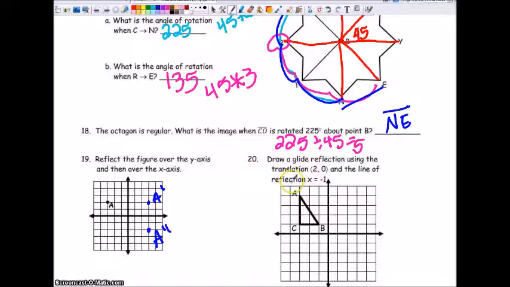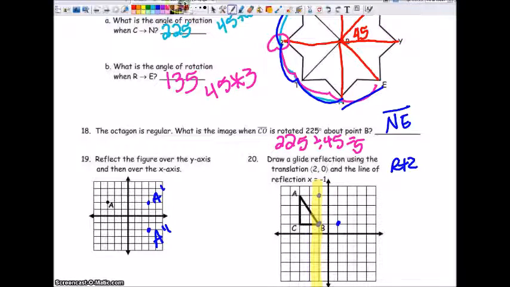Number 20, draw a glide reflection using the translation (2, 0) and the line reflection x equals -1. Start with your (2, 0). That's going to go to the right 2, and it's not going to go up or down. Then you reflect over x equals -1, which is this line right here.